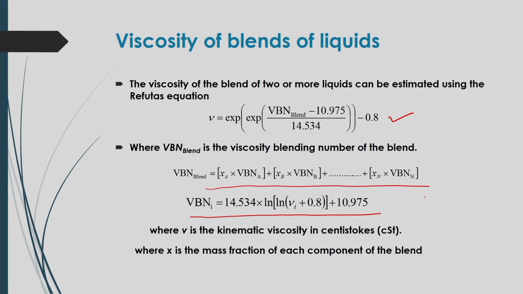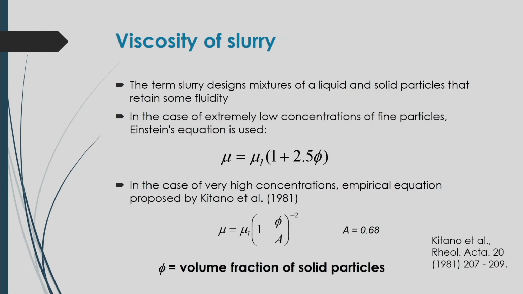So, once you know the kinematic viscosity of that liquid in the particular units shown in the slides, you can easily calculate the viscosity of the blend of the two or more liquids.